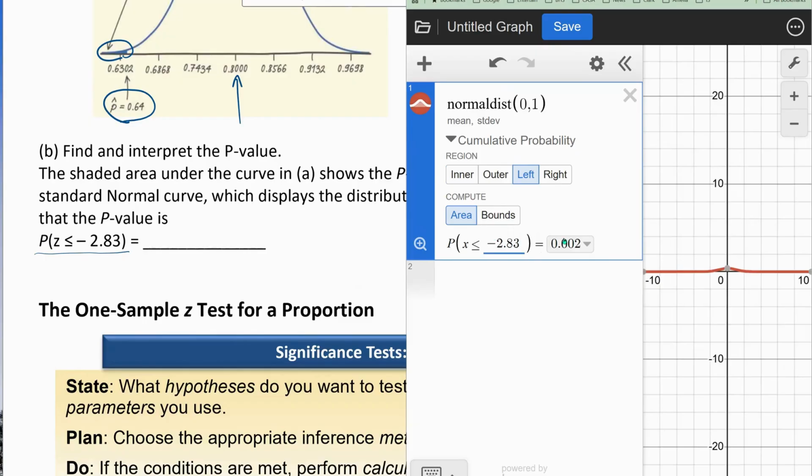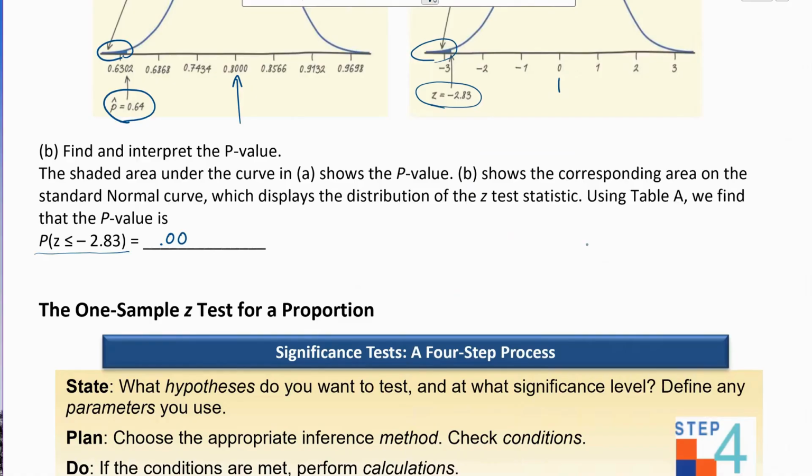And we can see that we got 0.002. We really would like it to have 4 decimal places, 0.0023.